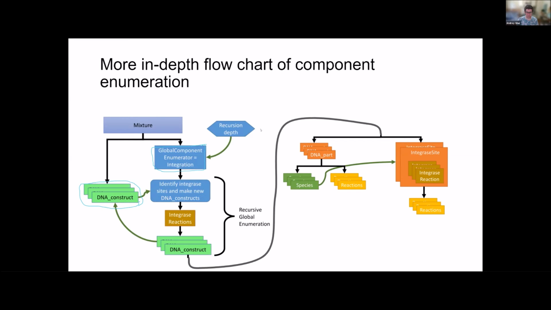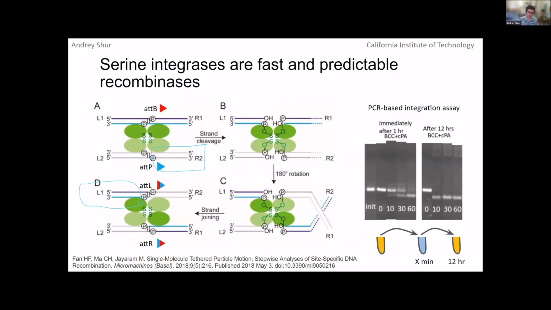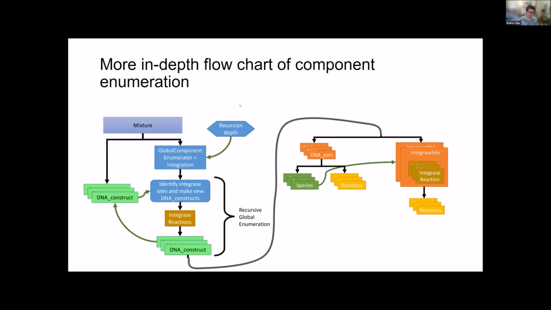As I mentioned at the beginning, this is the mechanism for serine integrases, but maybe you have a different one in mind, and that's something you could do with the help of defining these global component enumerators.